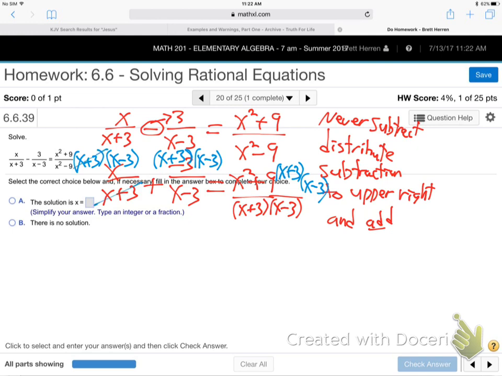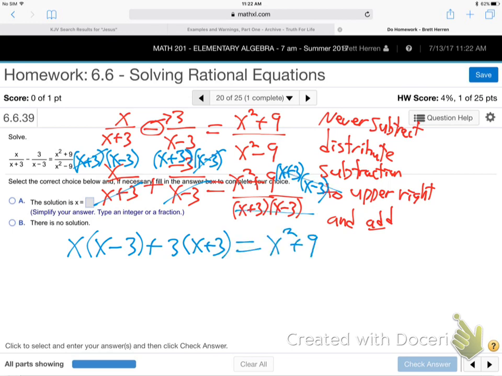The x plus 3's cancel. x times x minus 3. The x minus 3's cancel. 3 times x plus 3. Everything cancels. x squared plus 9. Is that making sense?